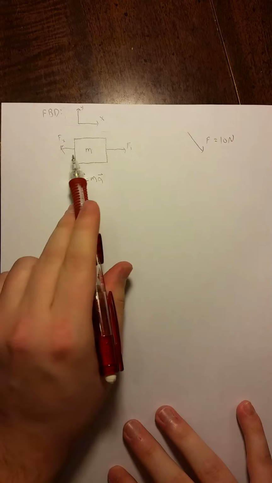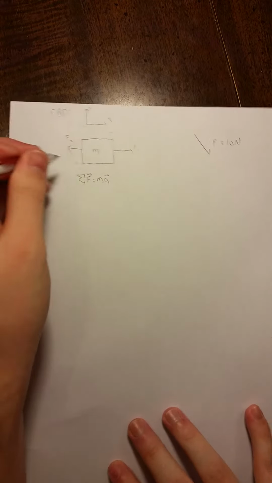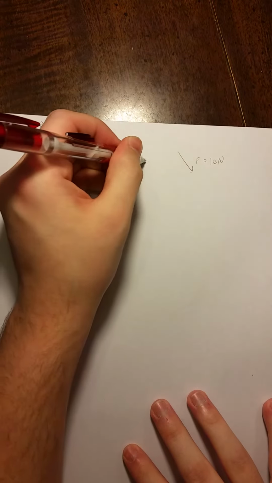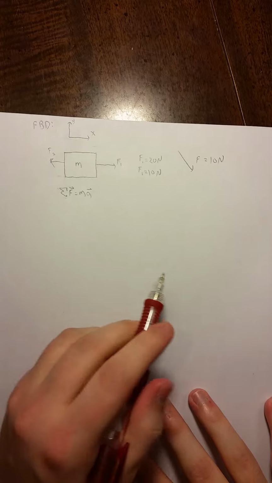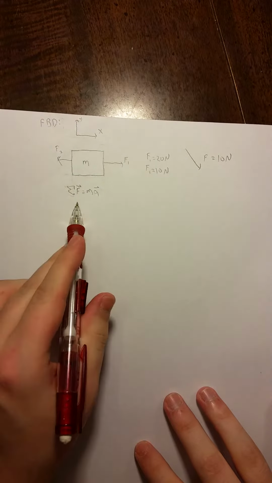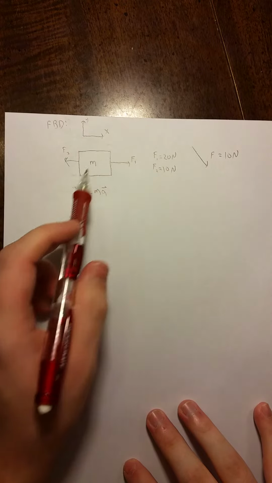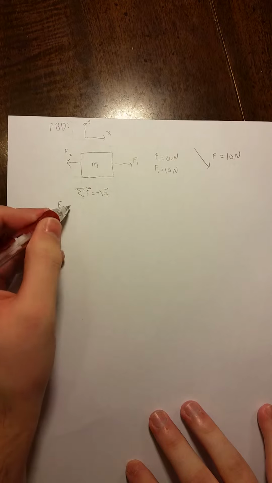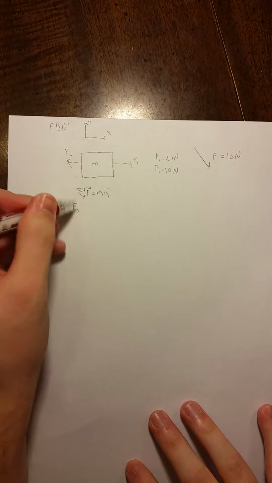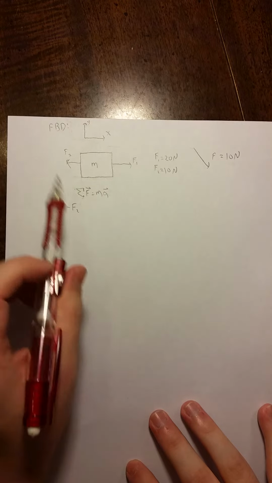So when we go to observe how this box will react to these forces, we'll go over here and say force 1 is equal to 20 newtons, and force 2 is equal to 10 newtons. When we sum our forces, we'll say rightward positive, force 1 minus force 2, because it's in the negative direction, positive being right, negative being left.